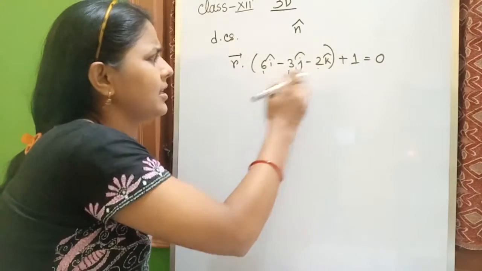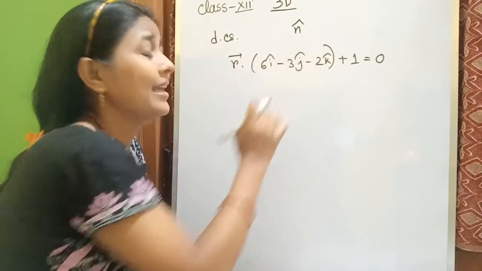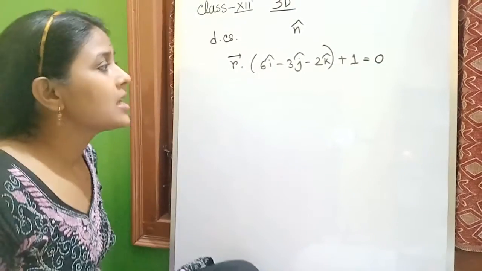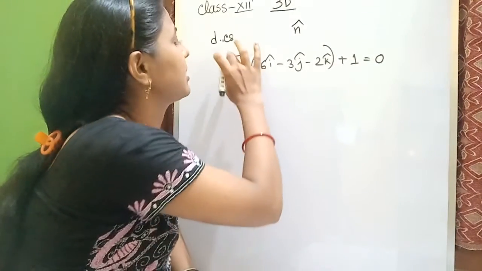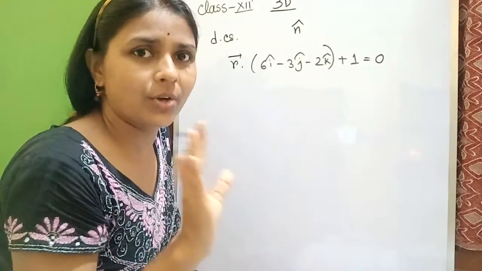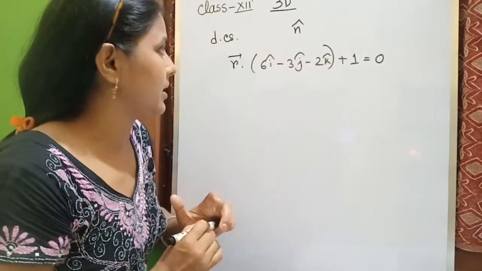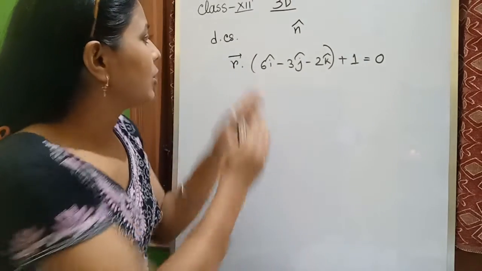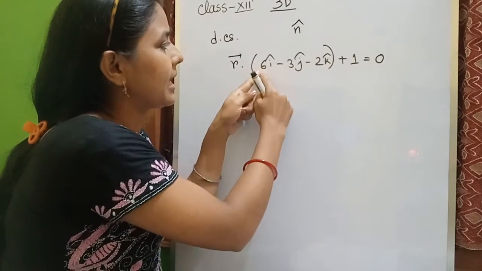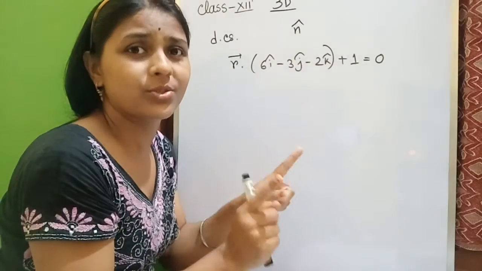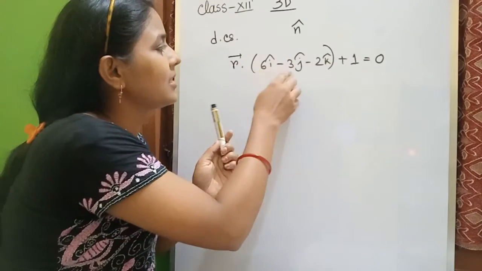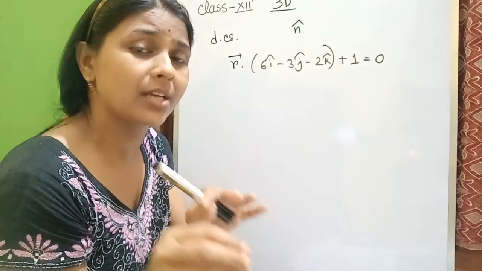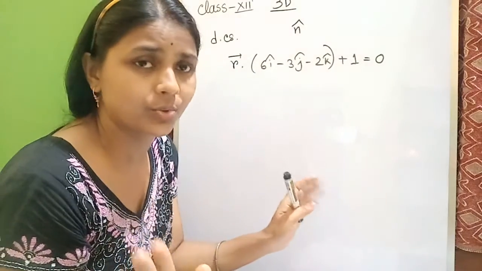That means what are these? These are a, b, c. These are direction ratios. Okay. So generally, whenever we are getting it like this, and its squares sum is not equal to 1, that means these forms are given in direction ratios, not direction cosines.